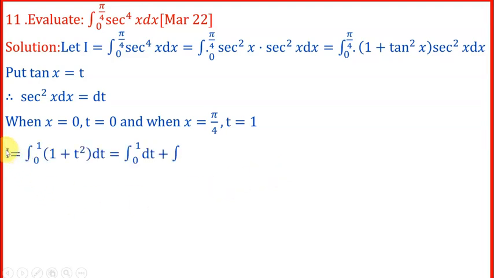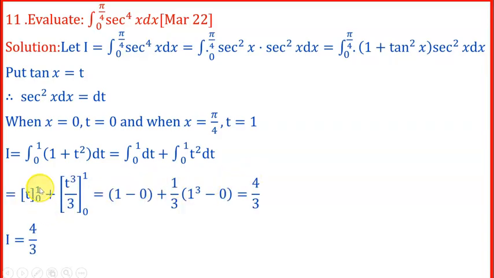Therefore, I is equal to integral 0 to 1 of (1 plus t square) dt. Simple integration. The integral of 1 is t and of t square is t cube upon 3. Lower limit is 0, upper limit is 1.